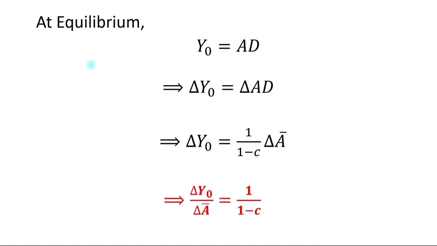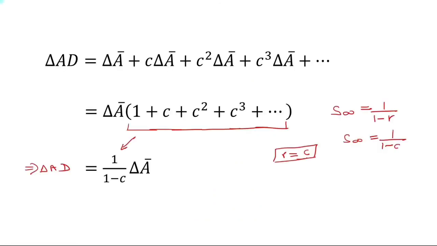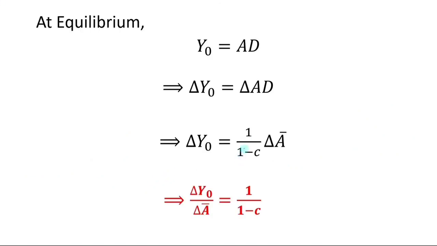Now at equilibrium, Y0 is equal to AD, so we can write change in Y0 is equal to change in aggregate demand, which is 1 upon 1 minus MPC times change in A bar.